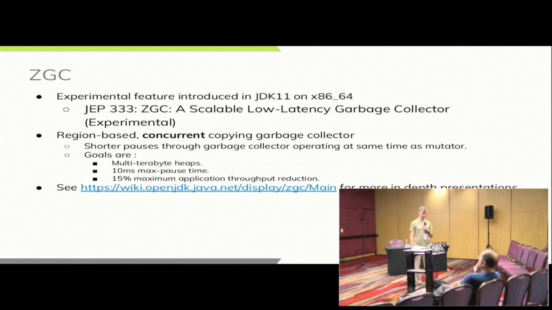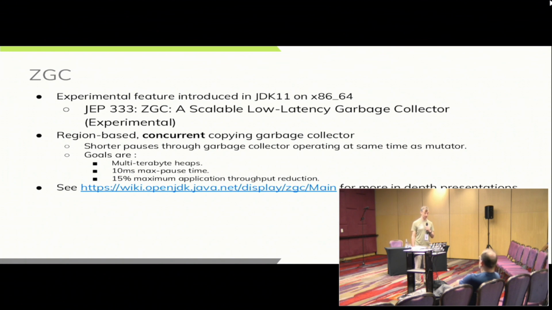So, ZGC, quickly. It was an experimental feature that was introduced on x86_64 in JDK 11, JEP 333, and it's a region-based concurrent copying garbage collector. Don't worry, I'll explain what that means. But basically, it allows you to have very large heaps.